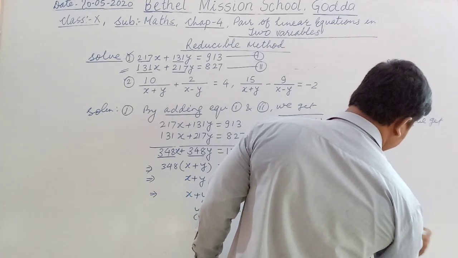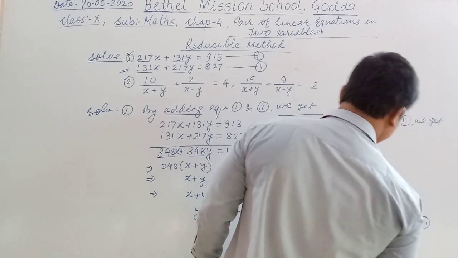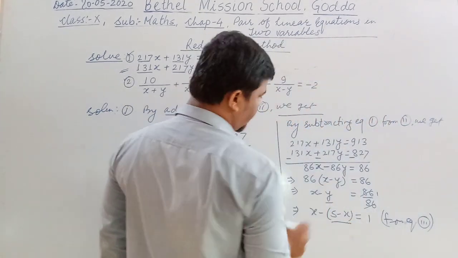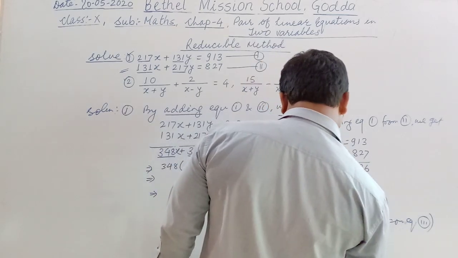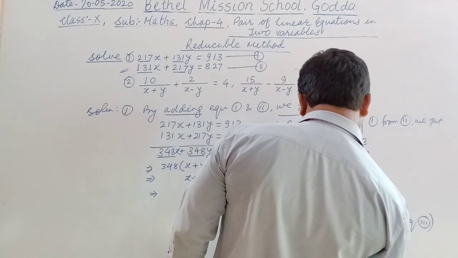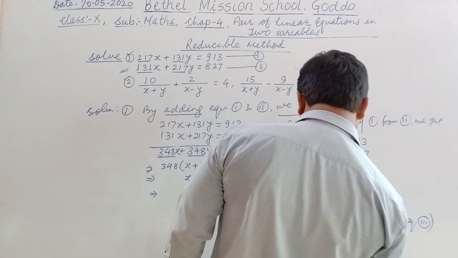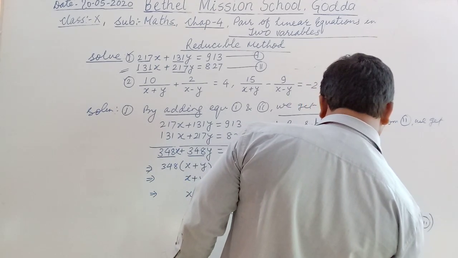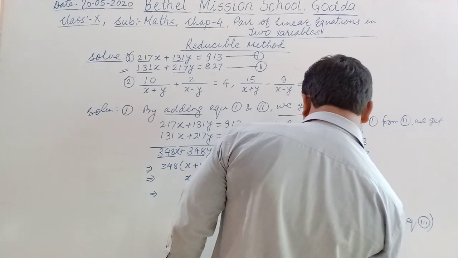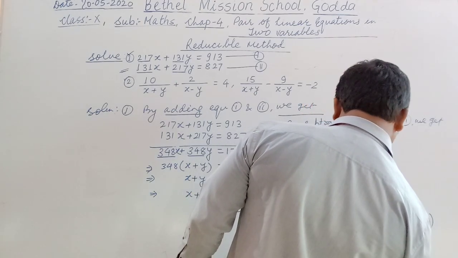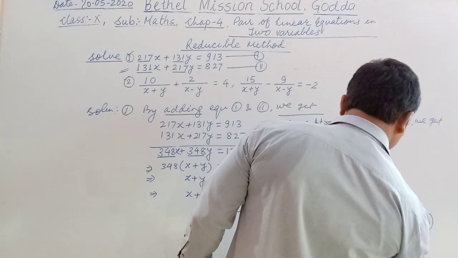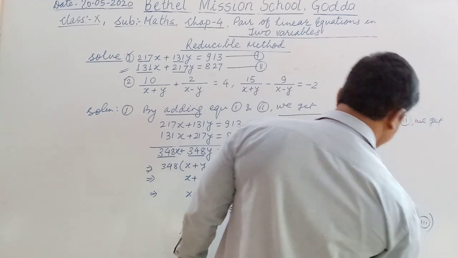Now x minus 5 plus x equal to 1, or 2x equal to 1 plus 5, or x equal to 6 upon 2. 2 3s are 6. Therefore x equal to 3.